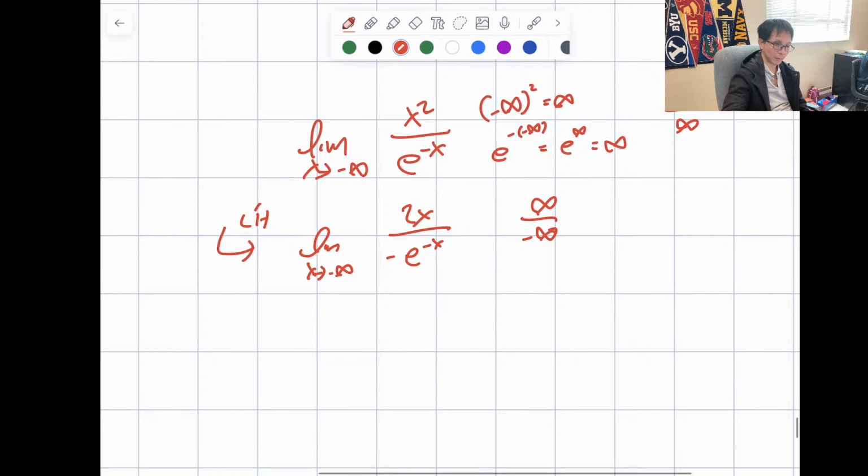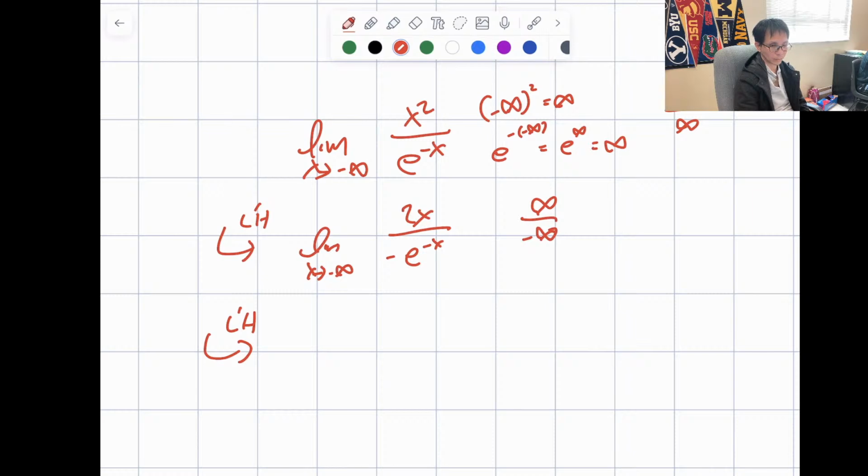Isn't it positive? It's positive on the numerator and negative on the bottom, but that's still indeterminate because it still counts as infinity over infinity. But it's negative infinity times 2, so wouldn't it be positive?